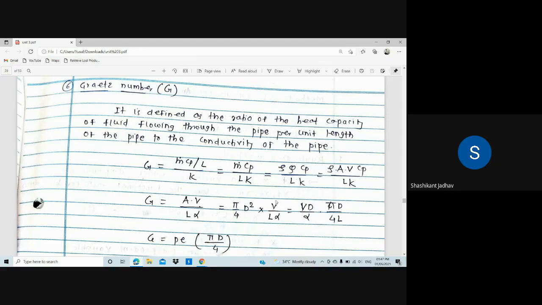It is defined as the ratio of the heat capacity of fluid flowing through the pipe.